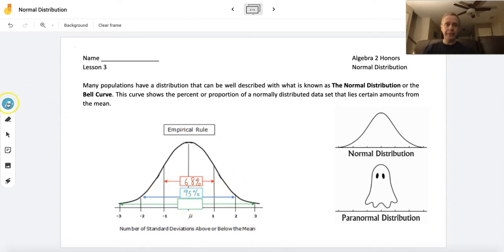And for the last interval, if we go all the way to 3 standard deviations above the mean and 3 standard deviations below the mean, you'll find pretty much all of the data lies within that interval. Specifically, 99.7% of your data lies on that interval. This is sometimes referred to as the empirical rule because, with any normally distributed data, these are the percents of the data you'll find within each of these intervals.